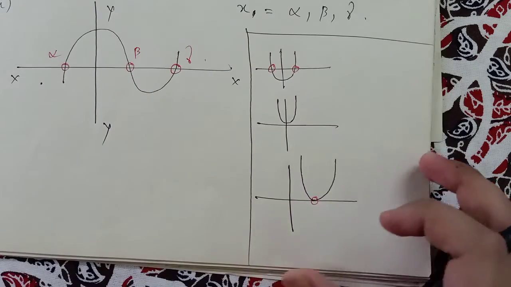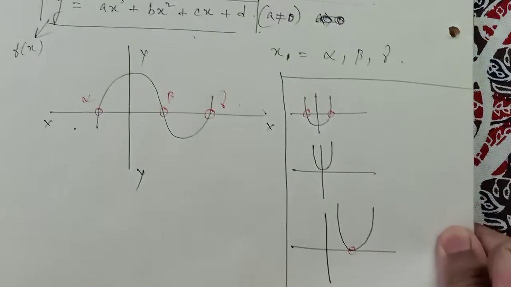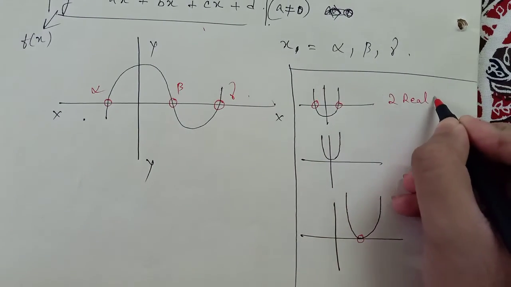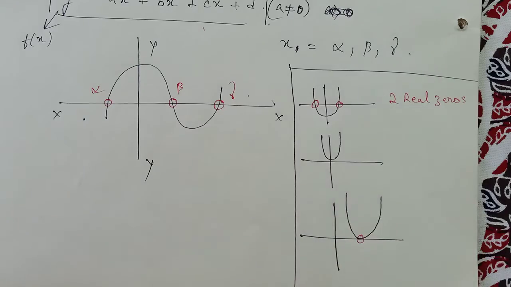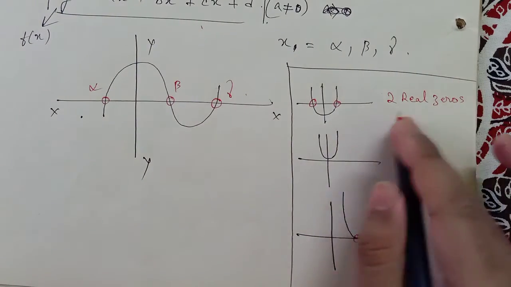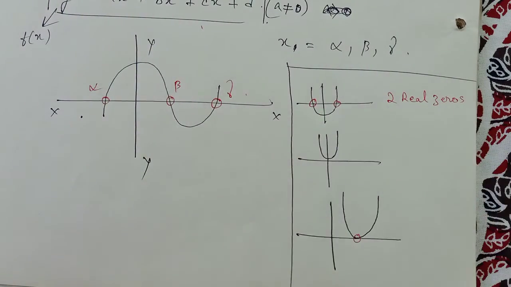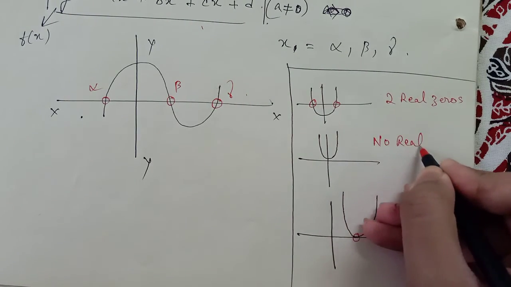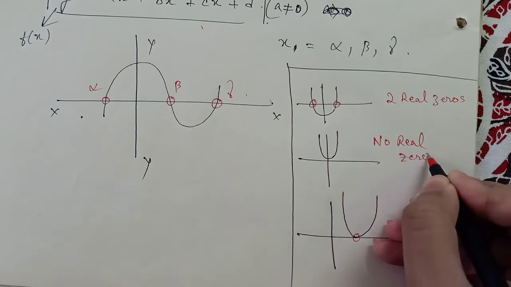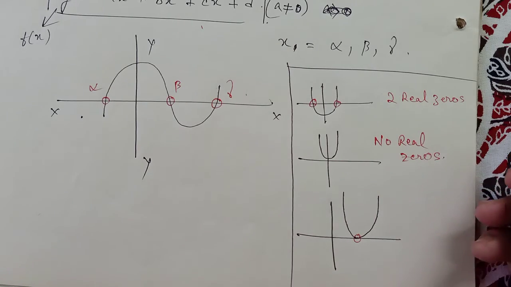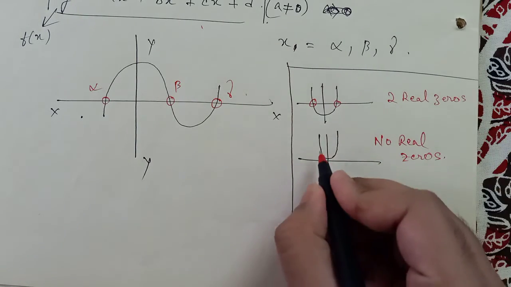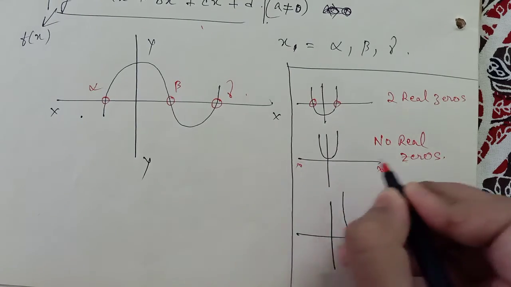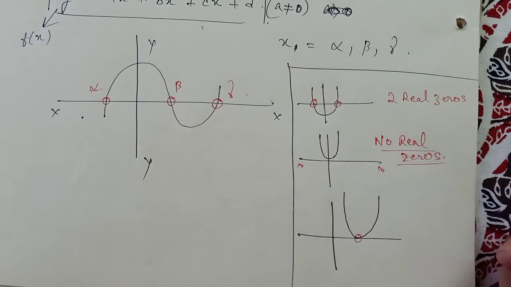In this case you are getting two real, or you can say distinct or unique zeros, this point and this point. In this case you are getting no real zeros. You can have this kind of graph, because you can see the curve is not coinciding with any of the points on the x-axis, so here you have no real zeros.